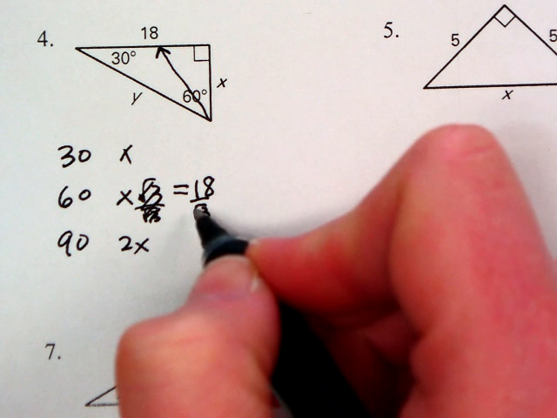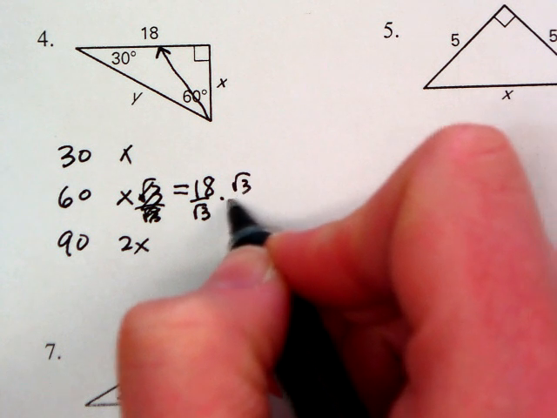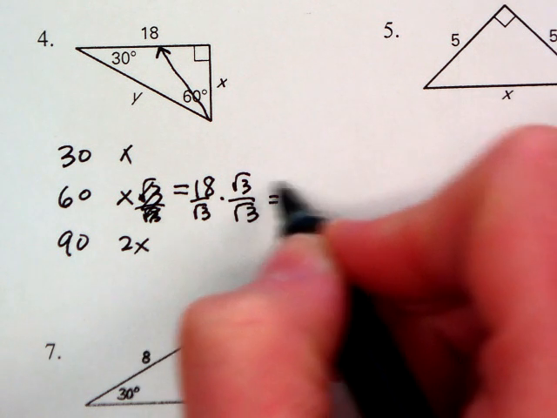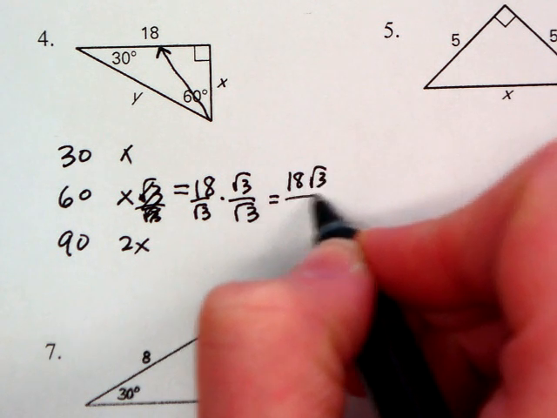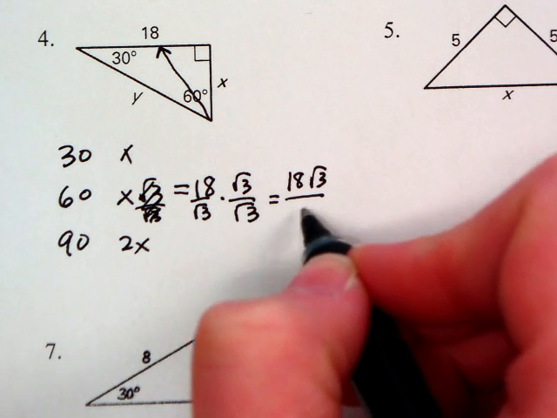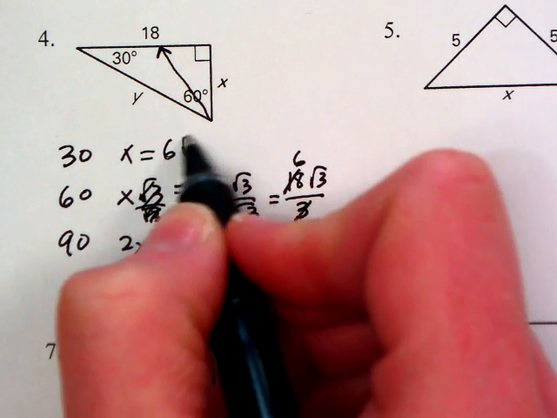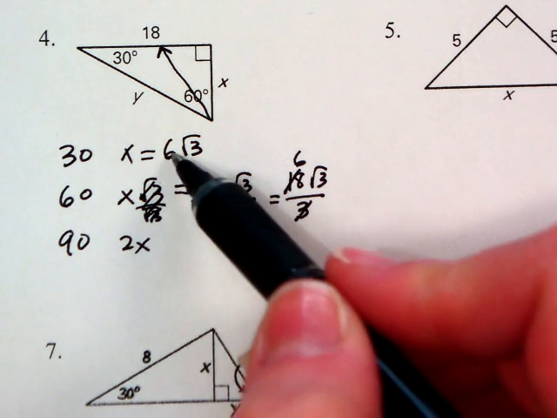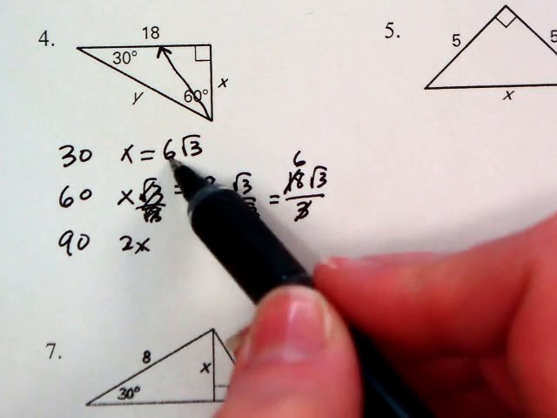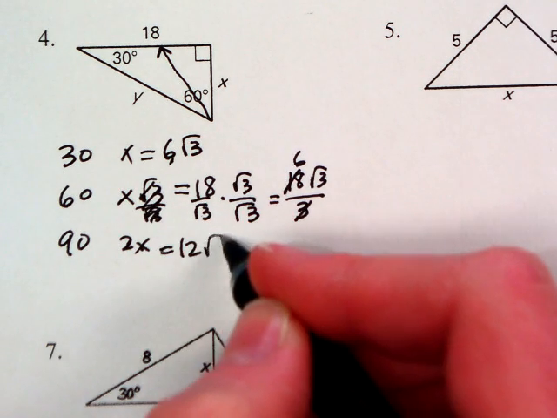That'll get rid of it there. We don't like square roots in the bottom, so we'll multiply by square root of 3. So I have 18 square roots of 3 over square root of 9, which is just 3. And then I'm going to reduce that so I get a 6. So this guy is 6 square roots of 3. And then when I bring it down here, the 6 and the 2 get multiplied, and so I get 12 square roots of 3.